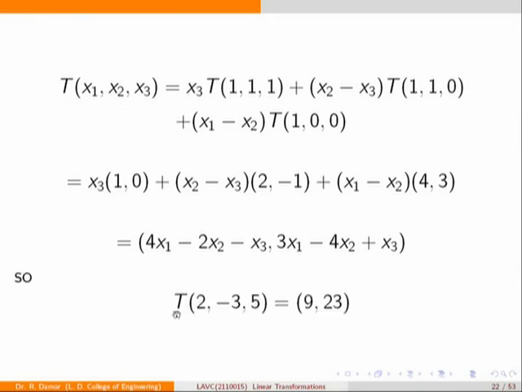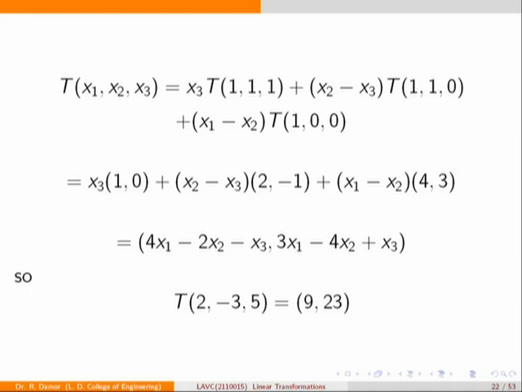Now we have to find the image of (2, minus 3, 5). For this I have to put x1 equal to 2, x2 equal to minus 3, x3 equal to 5. Same thing, 3x1 where x1 is 2, x2 is minus 3 and x3 is 5, which is nothing but (9, 23). Clear? So in this type you have to find your linear transformation where only the image of the basis is given. Now you can find it or not.